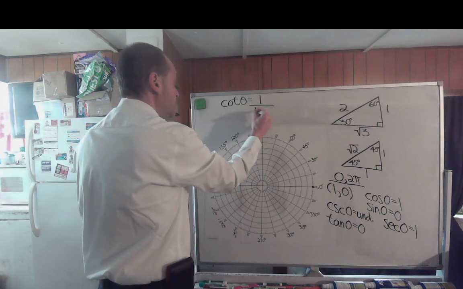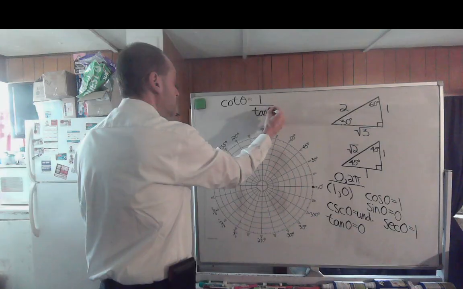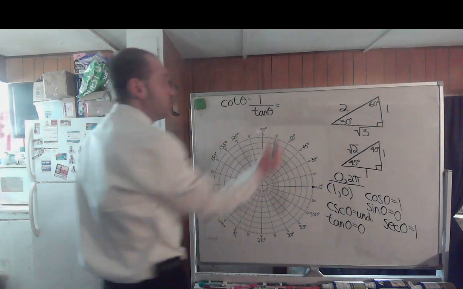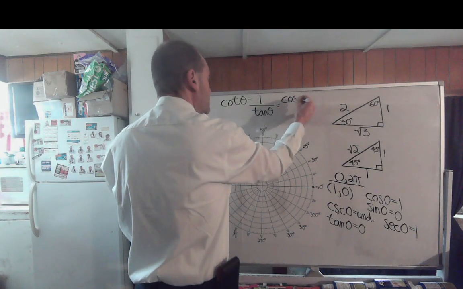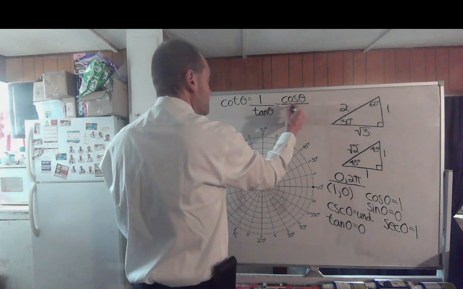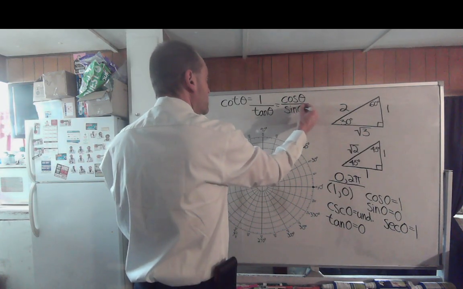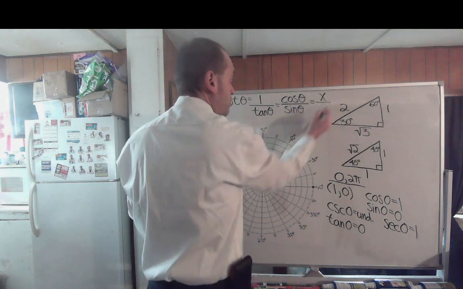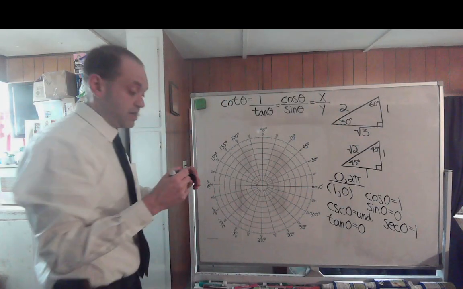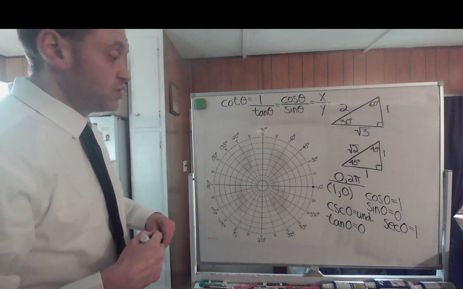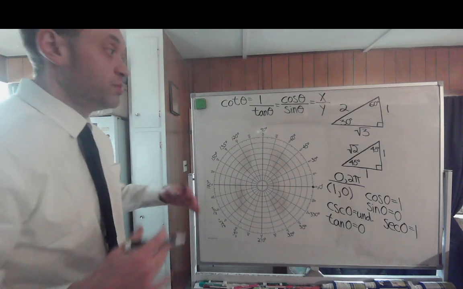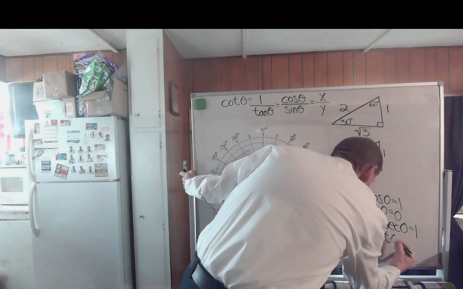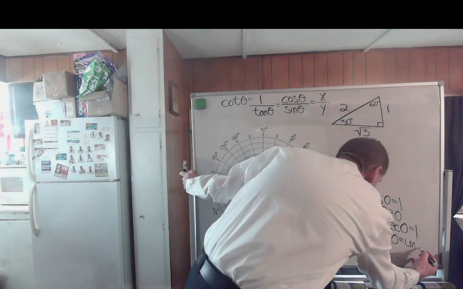That's 1 divided by the tangent of theta, which the reciprocal of tangent, that would be the same as the cosine of theta over the sine of theta, which the cosine is our x-coordinate, the sine is our y-coordinate. So this would be x divided by y. So you could just take 1 divided by 0, you would get an undefined expression. So the cotangent at 0 is actually also undefined.